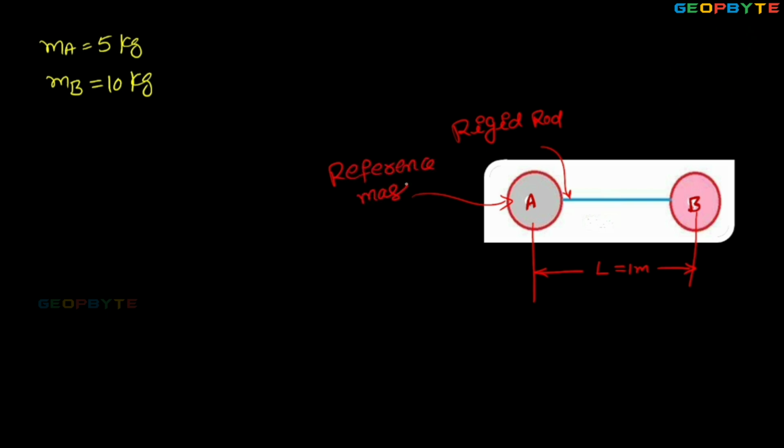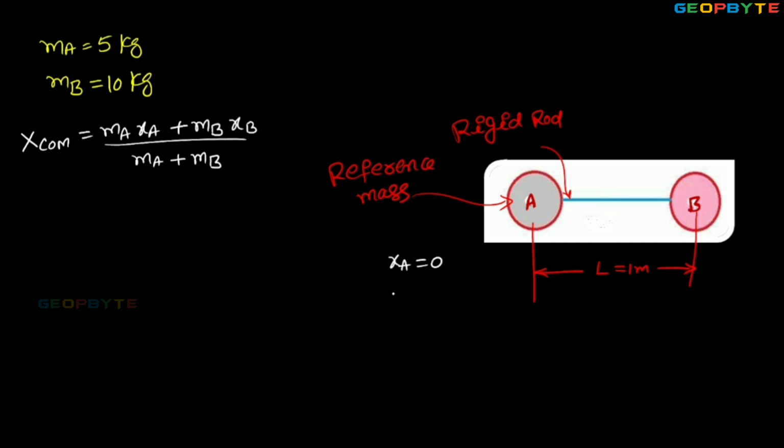Okay. Now what is the general formula for center of mass? XCOM equal to (MA XA plus MB XB) divided by (MA plus MB). Since the reference mass is 5 kg, XA equal to 0, and XB equal to the length of the rod, 1 meter.